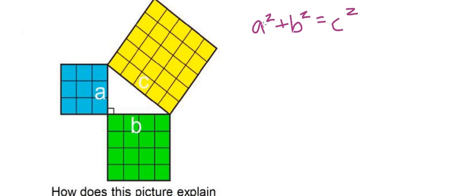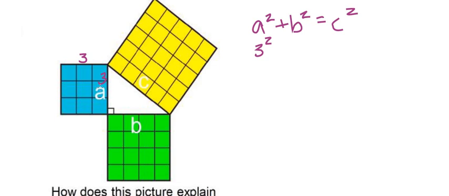Well, we know that if we take something and we square that length, we're actually forming a geometric square. So what's happening here is you've got a squared. So in this case, this is going to be a 3 by 3. So that gives you 9. So in this case, this is going to be 3 squared.